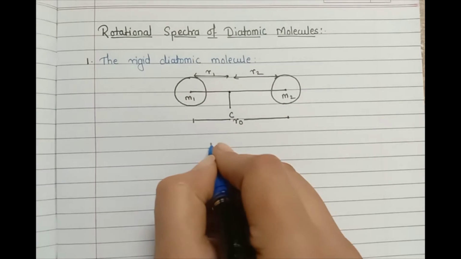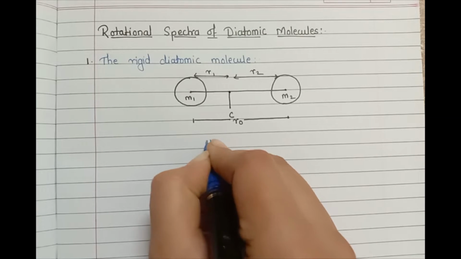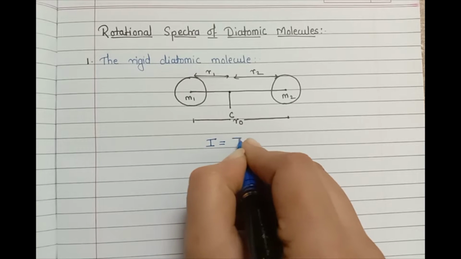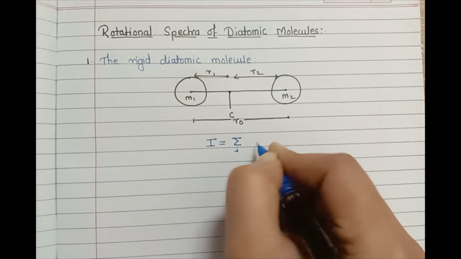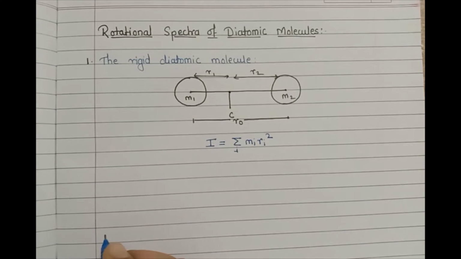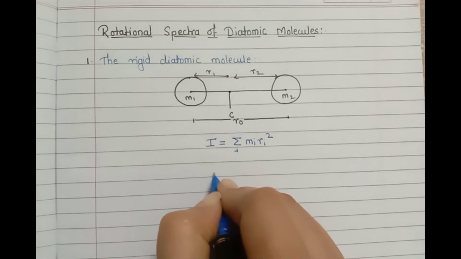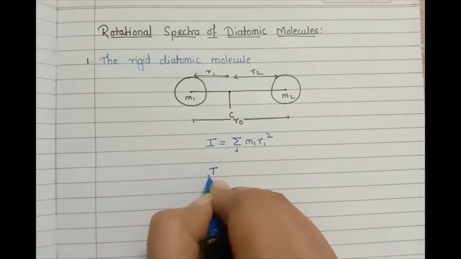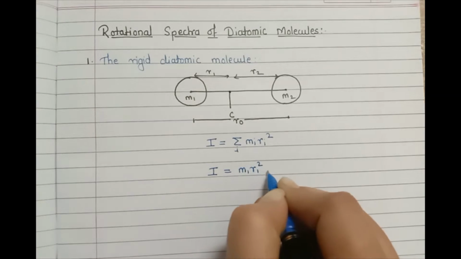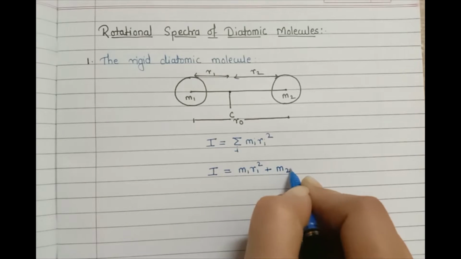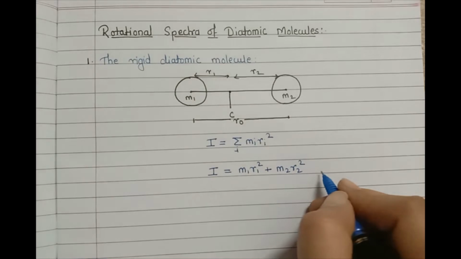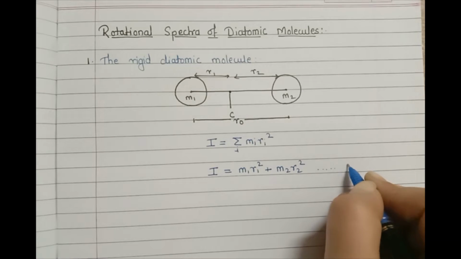So first of all, we know that I, that is moment of inertia, is equal to summation of mi ri square. As here is a diatomic system, we know that I is equal to m1 r1 square plus m2 r2 square. This we will note as equation first.